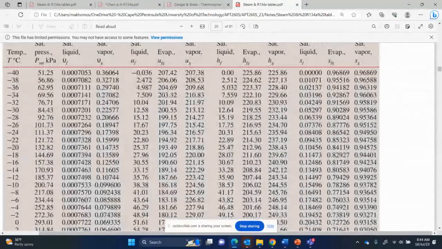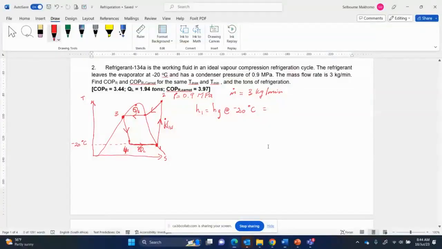Here is -20. So where is Hg? Hg at -20 is 238.43 kilojoules per kilogram. So this is at point number 1.